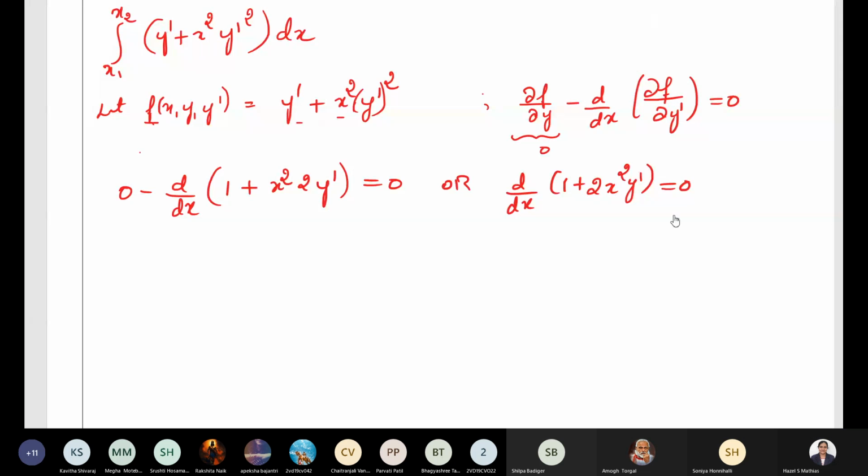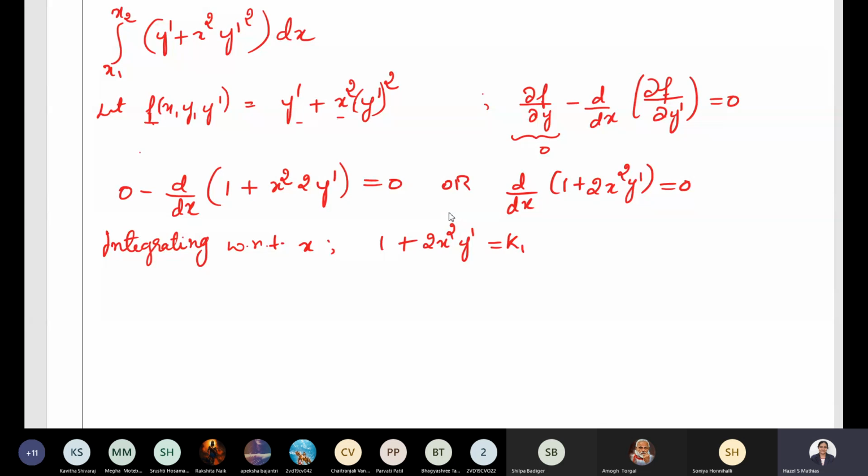Now we have to find the value of y. Remember that. First, we shall integrate with respect to x. So what happens when we integrate with respect to x? We get 1 + 2x² y' equal to some constant, so let's take this as k1.